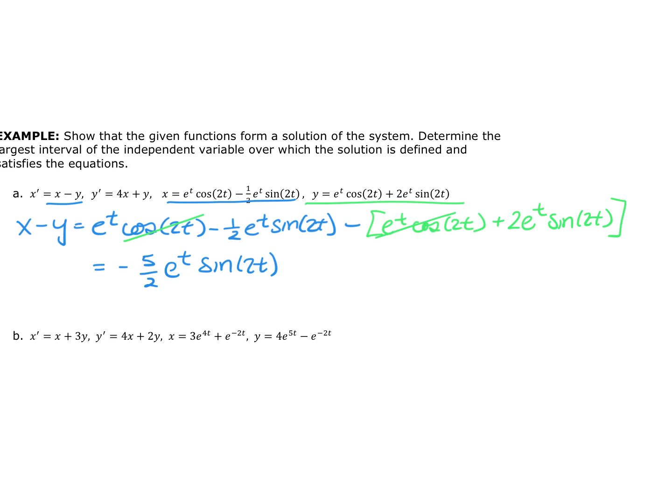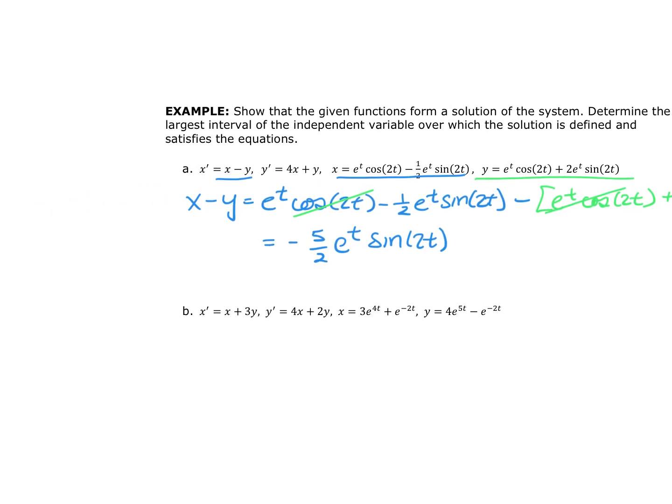So now I'm just going to see whether when I take the derivative of x, I end up with this as the answer. So I'm going to take x prime. Now when I do x prime, remember that I'm going to have to do the product rule. So the derivative of e to the t is e to the t cosine of 2t. And then I have to do the derivative of cosine.